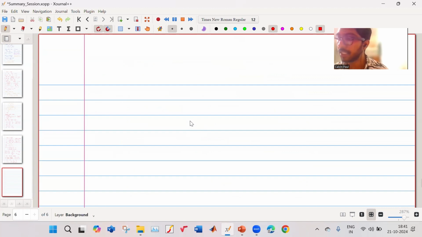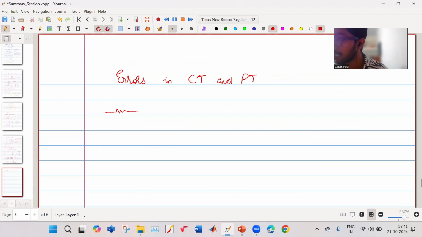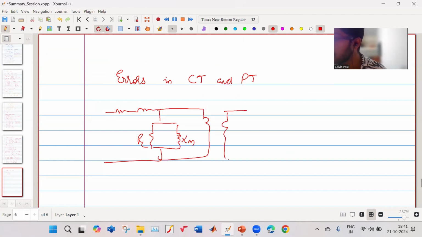So this is for the CT and PT. Another thing which I'd like to highlight is the errors. There are certain errors which creep in the CT and PT. Because you know what a transformer is: it has some resistance, inductance. It has an RC, it has some XM. Then you have your ideal transformer. This is your primary resistance RP, this is your primary inductance, secondary resistance, secondary inductance.